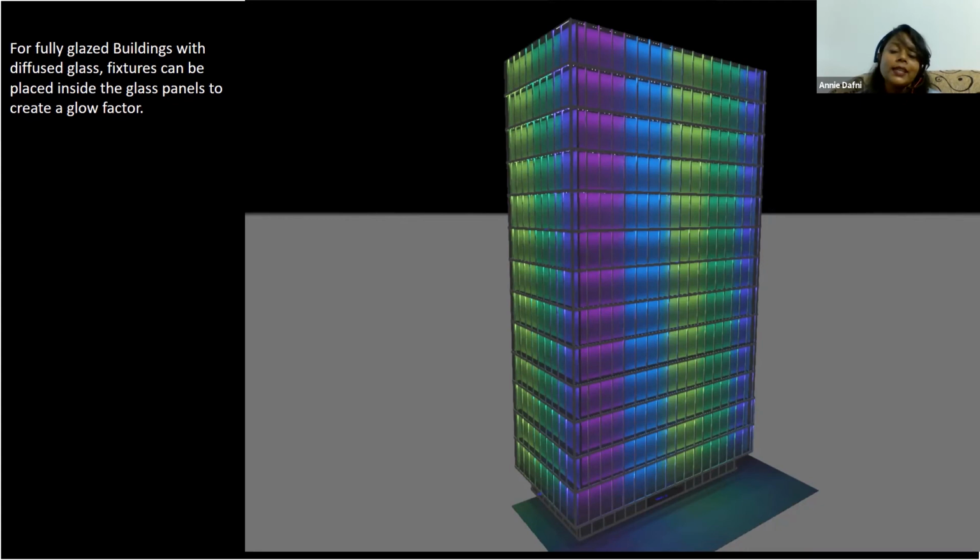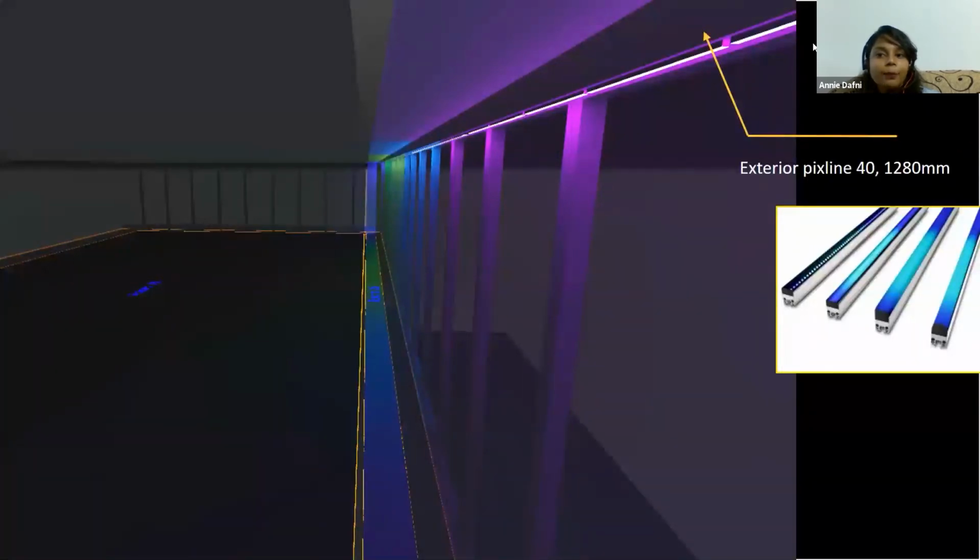This basically creates a glow-from-within effect, which can be used for glass facades, provided the glass is a diffused glass and not a clear transparent glass. In this example, I've used the Exterior Pixline 40 along the glass frame on the inside of the building, and I'm seeing this nice diffused light from outside.